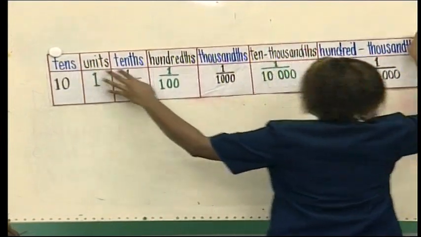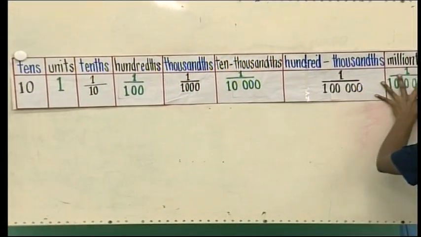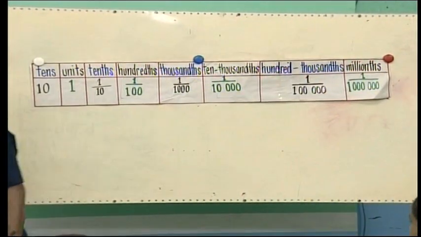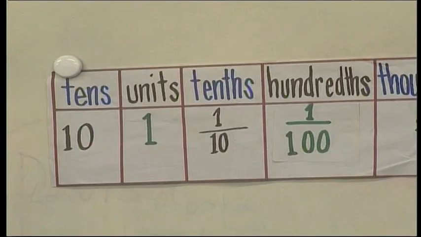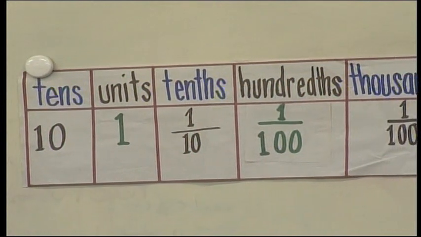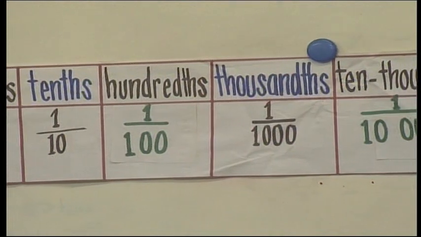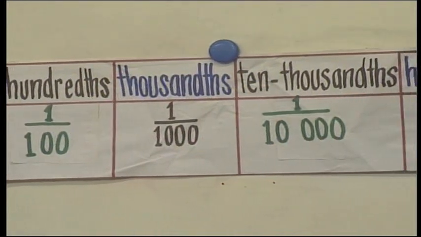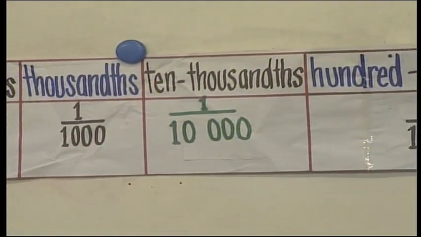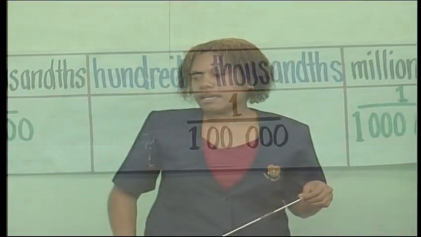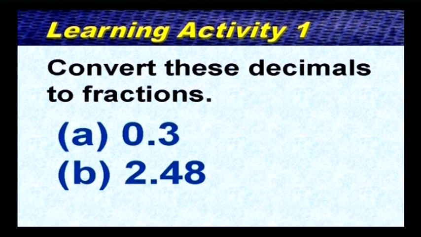All right, what do we call this chart here? A place value chart, okay? We call this chart here a place value chart. Now, you're going to convert decimals to fractions. 0.3, okay, 0.3.